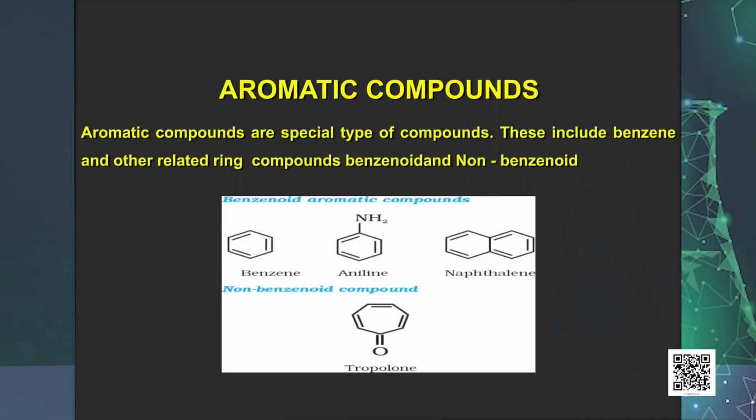Alicyclic compounds are closed compounds consisting of carbon atoms only. These compounds resemble aliphatic compounds in their properties. Their examples are cyclobutane, cyclopentene, cyclohexane, etc. Aromatic compounds are a special type of cyclic unsaturated compounds.